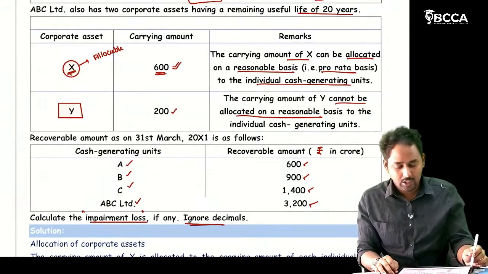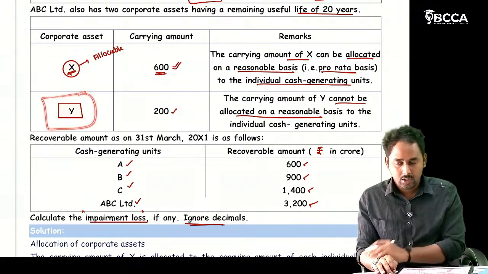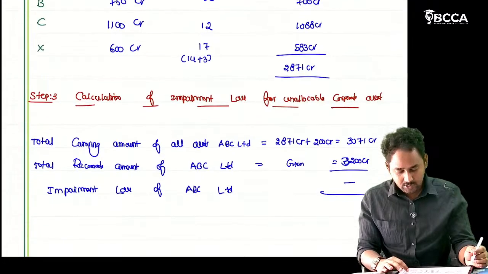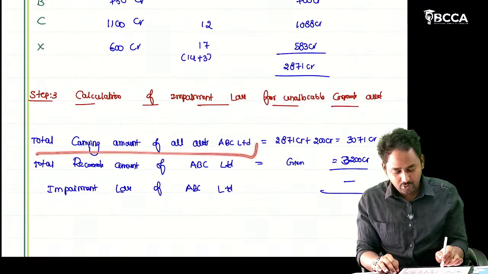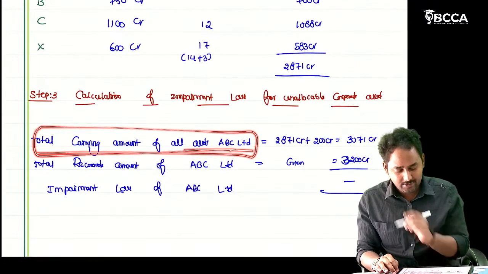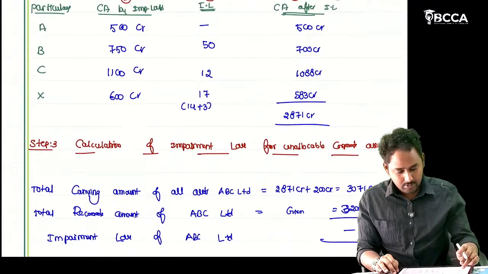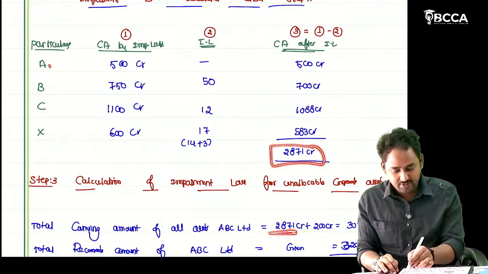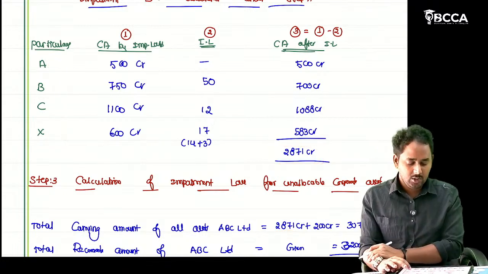What is the unallocable corporate asset? Corporate asset Y. So the total carrying amount of all the assets of ABC Limited equals the total carrying amount after impairment loss, 2871, with respect to these four assets. What is the remaining?